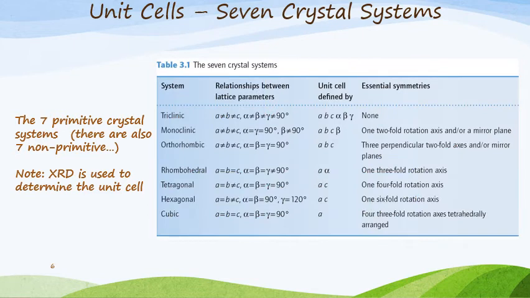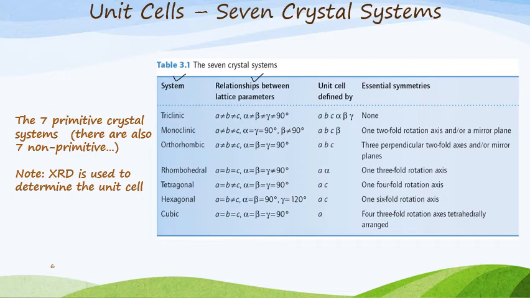So in this slide, you will see the 7 crystal systems and the considerations that we're going to take. As I've said to you already, these just describe the system in this column here. Then the relationship between what we call lattice parameters. A unit cell is sometimes called a crystal lattice, especially if we're looking at ionic solids.